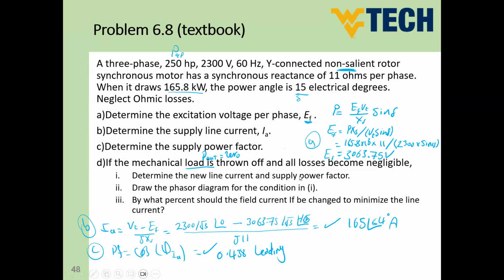So I'm going to consider the same excitation value we had before and start repeating the calculations again based on having the same excitation volt. But in this case, the power angle would be zero because all the load is thrown off.